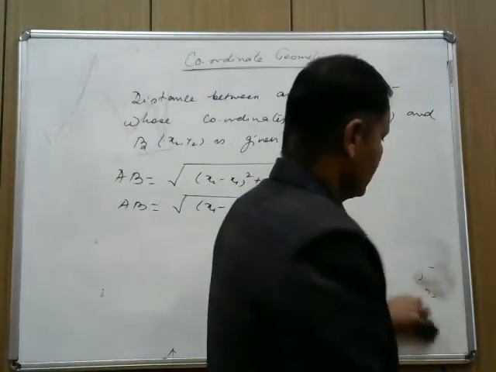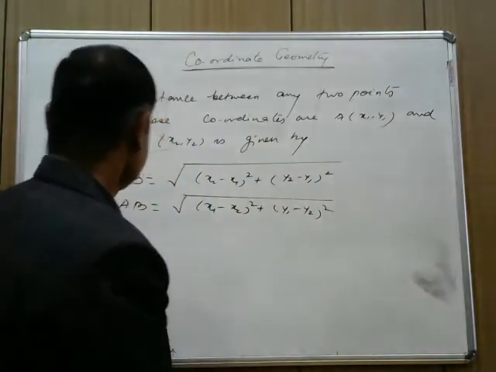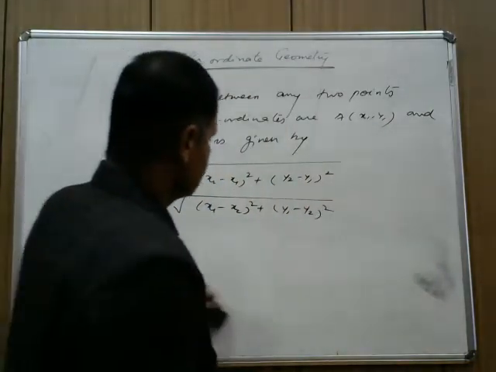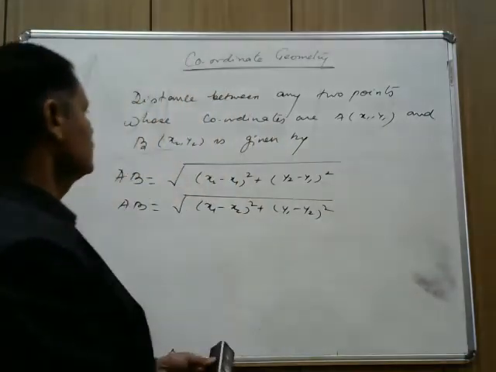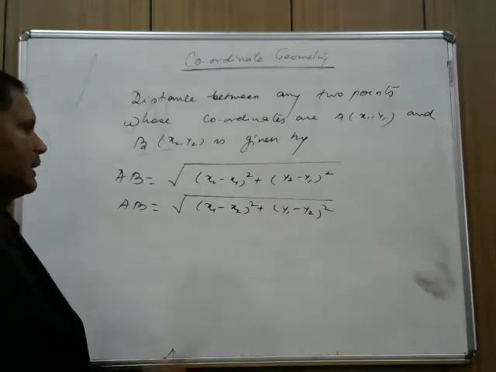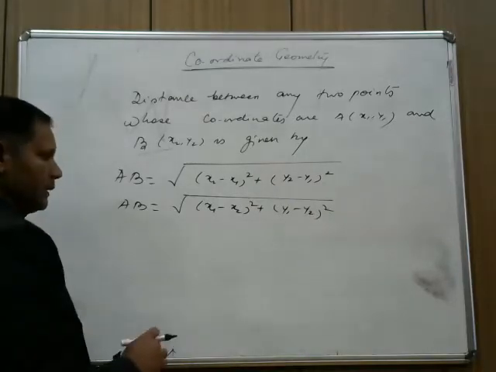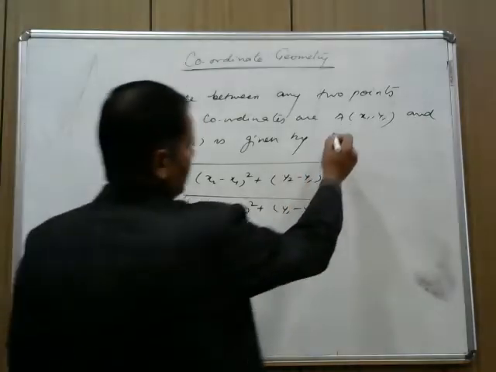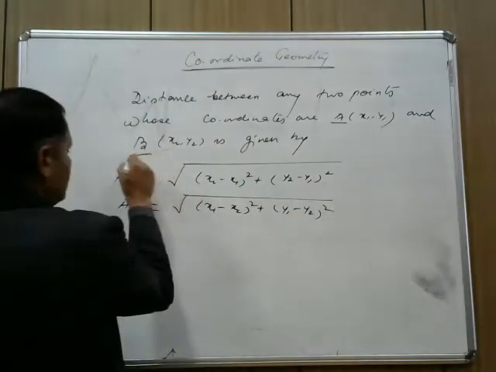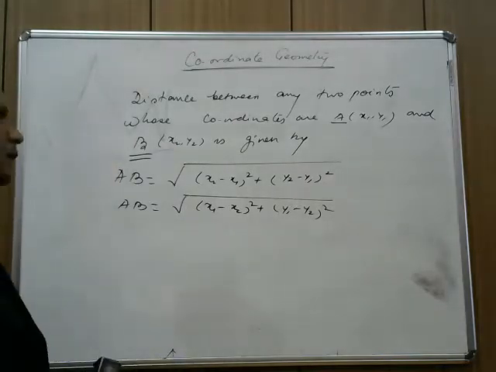That means whenever you are asked to find out the distance between any two points, just find the difference of the x coordinates and the difference of the y coordinates: x1 minus x2 whole square plus y1 minus y2 whole square. Now one more thing: if out of these two points A and B, one of the points is the origin, then what will happen?